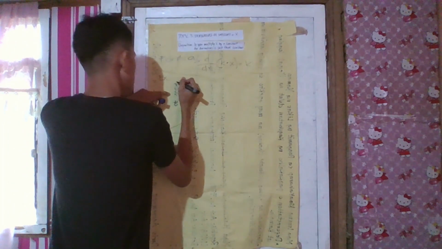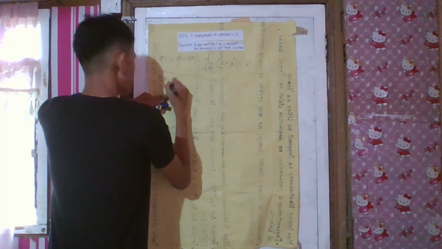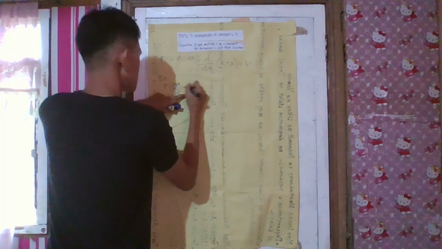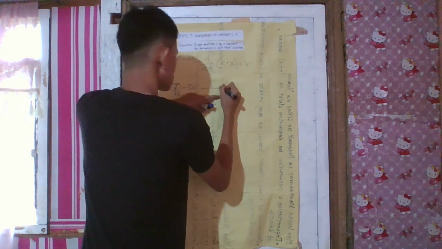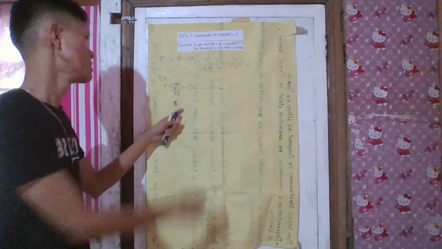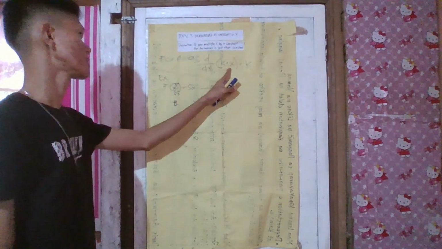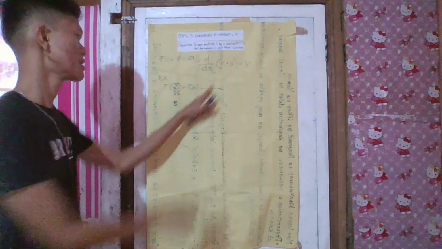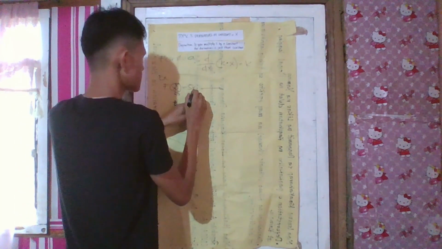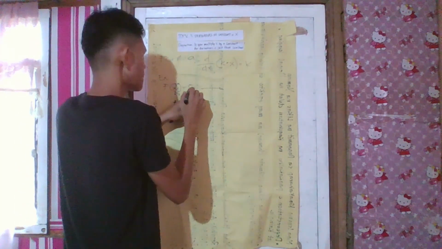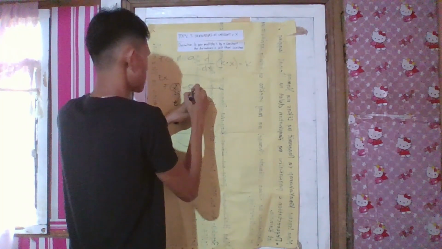So I'll give an example. Example: f of x equal to 5x. What we said earlier is that if you multiply x by a constant, the derivative is just the constant. 5 is the constant, then x is imaginary 1.